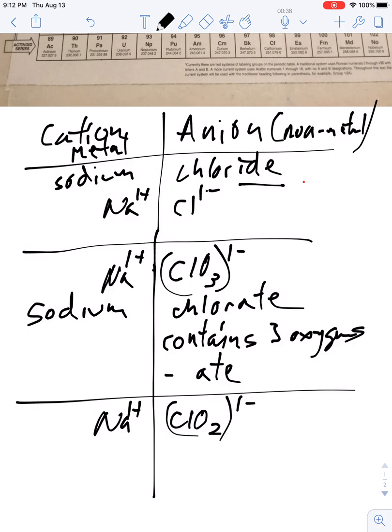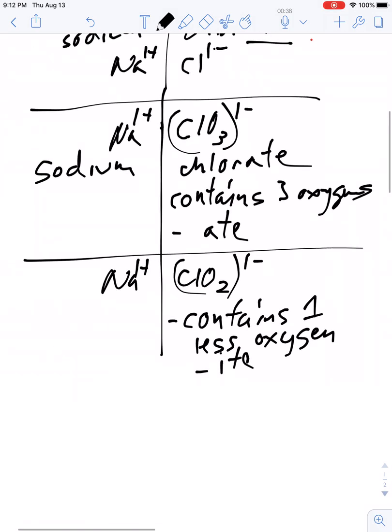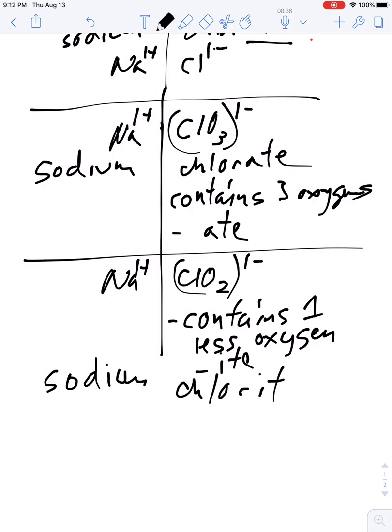Alright, so now if it contains one less oxygen, then you change the ending to ite. So the name of this would be sodium, then we've got chlorine, but we change the ending to ite, sodium chlorite.